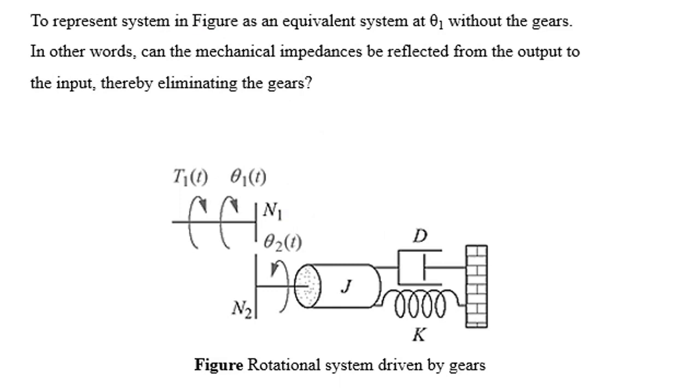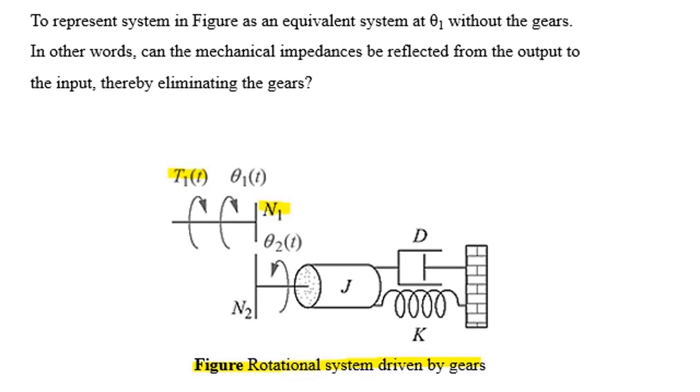Dear students, the next topic is the effect on mechanical impedances driven by gears. To understand this, see the figure in which a rotational system is given which is driven by gears. In this system, input torque or applied torque T1 of t is applied at the input gear, whose number of teeth is represented by N1.